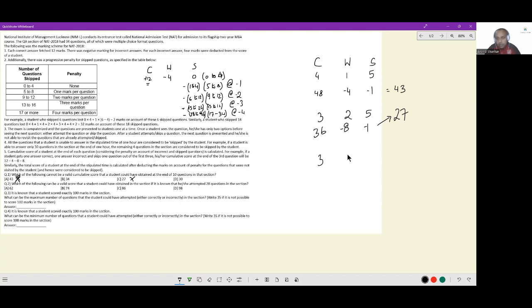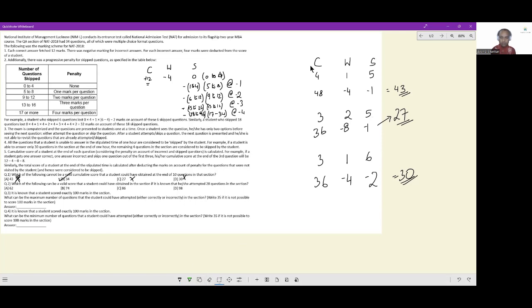So for 3, 1, and 6, what would happen? You would have 36 here, you would have -4 here, you would have -2 here, and you can get to 30 also. So 27 is possible, 43 is possible, 30 is possible. Therefore, 30 is not the answer to the question. And by extension, the only option left is 34, and that is done.